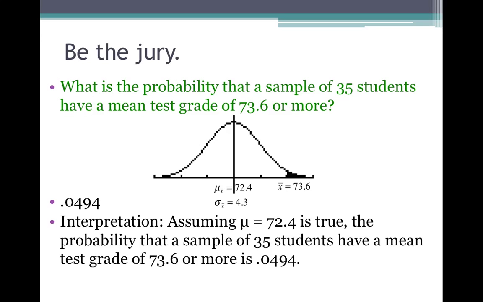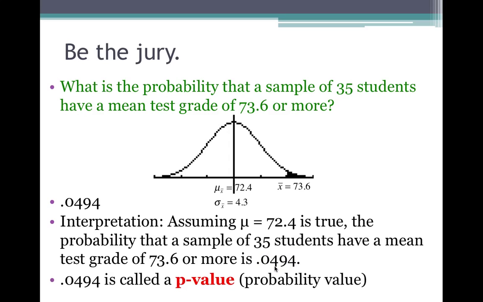So the probability at random that we choose 35 students at random and their sample mean is 73.6 or more is about 4.94%, almost 5%. This piece of area, which is 0.0494, has a special name. It's called a p-value, a probability value.